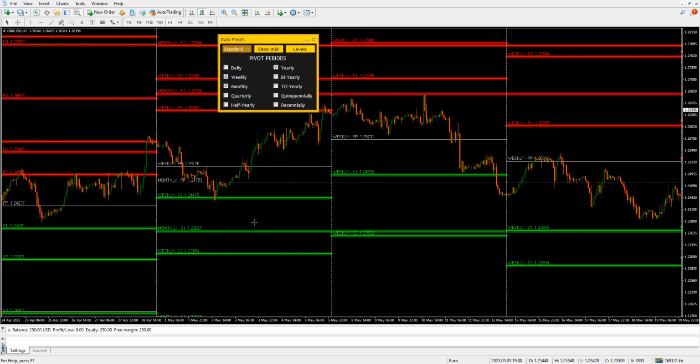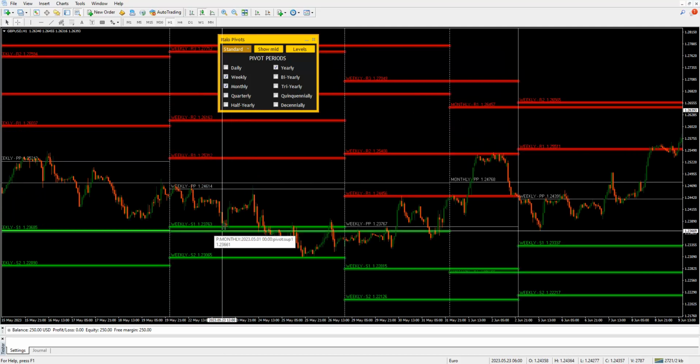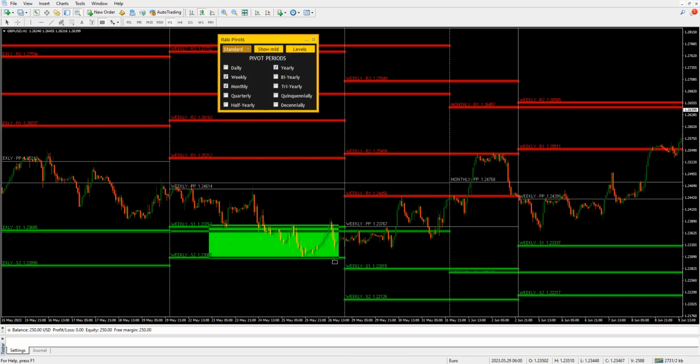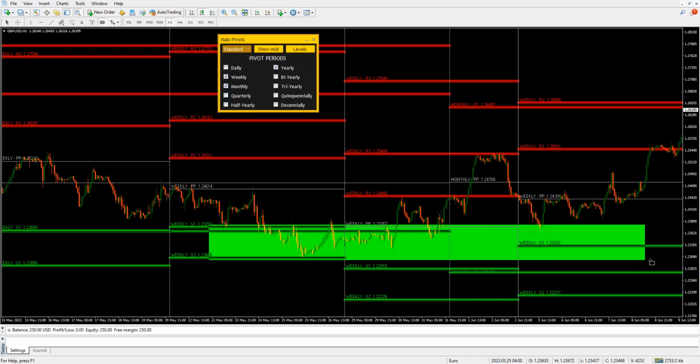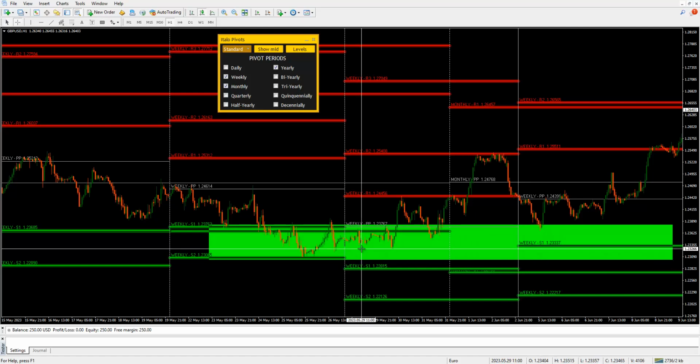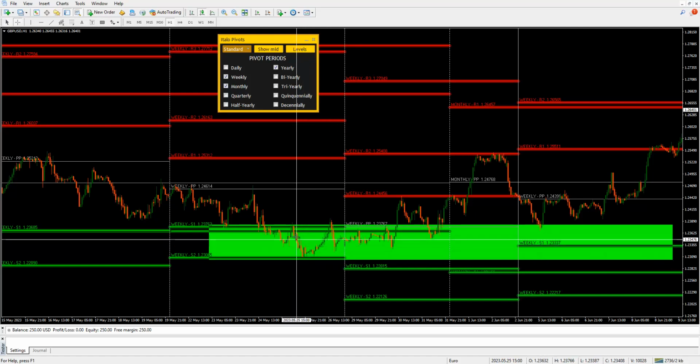So right here now we have a monthly support 1. Here we have the monthly, weekly and weekly again. So we have these 3 horizontal green lines of support, and then if we project this line ahead, take a look at this. Amazing, right? The market went down.